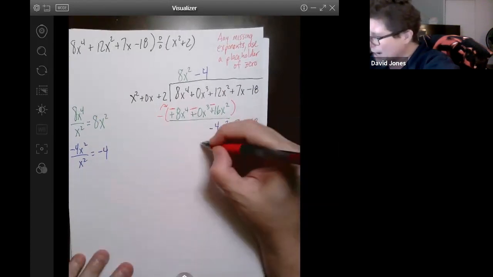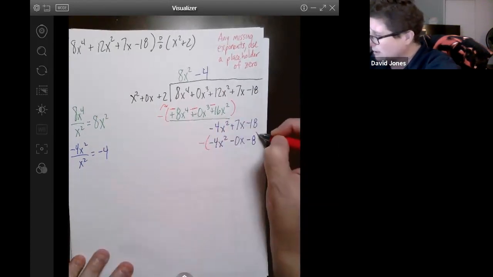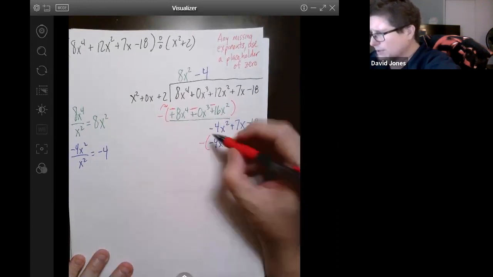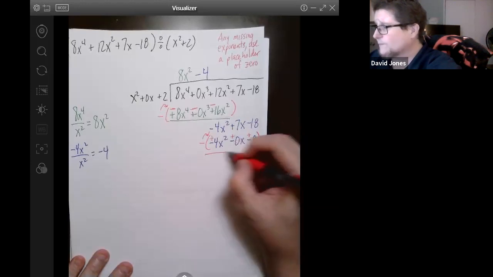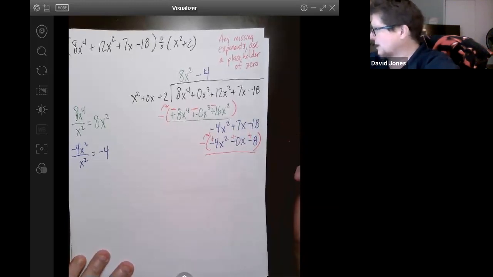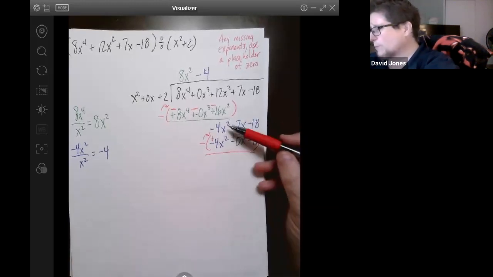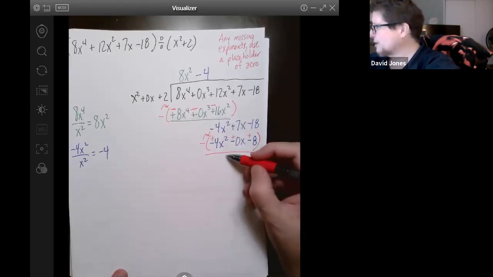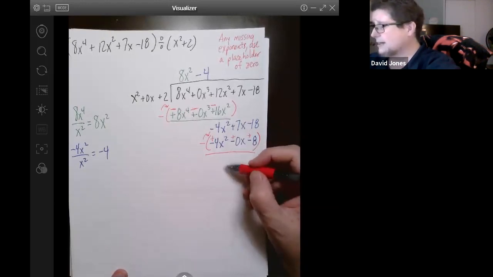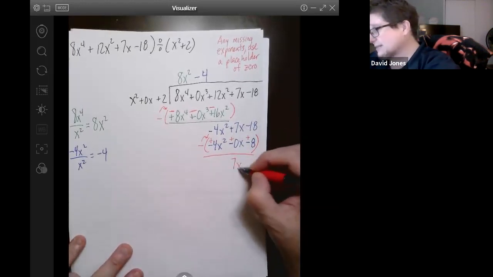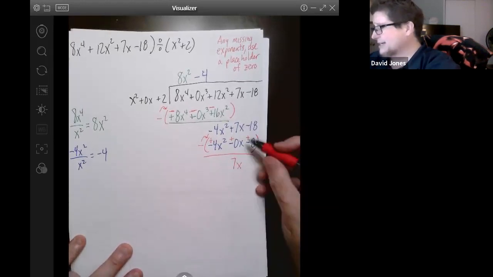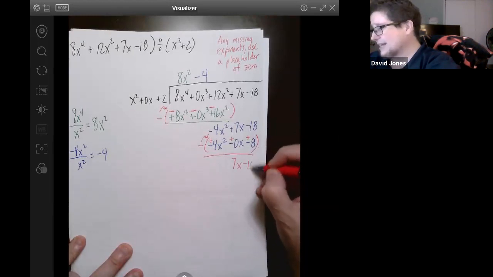We are subtracting that whole thing. So when we subtract it, move the subtraction in and change the sign of what's inside. Negative 4x squared plus 4x squared is 0x squared. That goes away as intended. 7x plus 0x is 7x. And negative 18 plus 8 is negative 10.